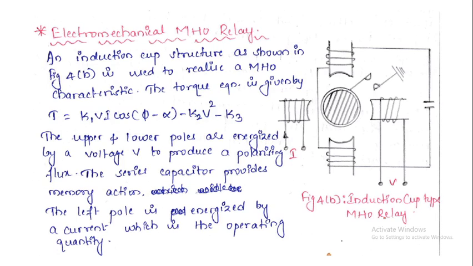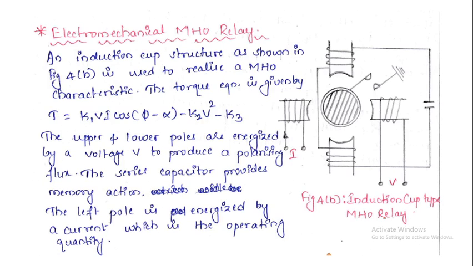Now coming to the construction of this electromechanical Mho relay, again the same induction cup type construction is used in order to give the protection, as we have already used in the case of a reactance relay. The same relay has been used as a Mho relay also.